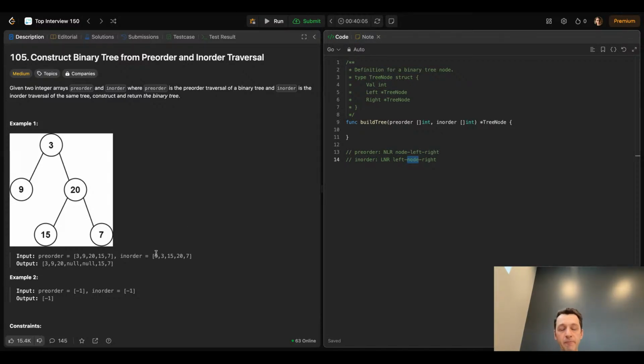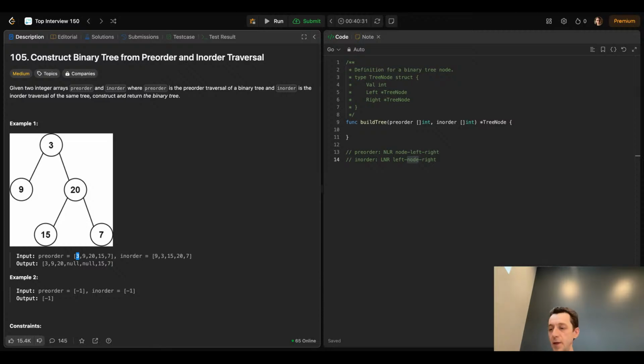But in this case, we know the tree doesn't start with the 9. The root is not the 9. So that means 9 is something on the left.